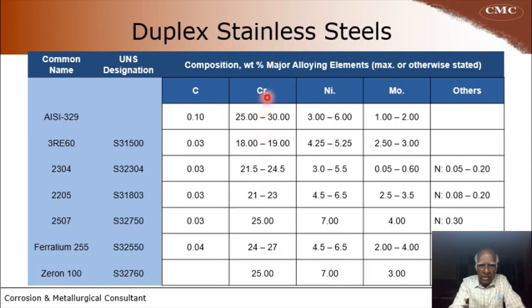That is why it has become corrosion resistant. Plus some molybdenum and also some nitrogen are added to the duplex stainless steel. These elements will make duplex stainless steel a mixture of two phases. That is why it is called duplex.